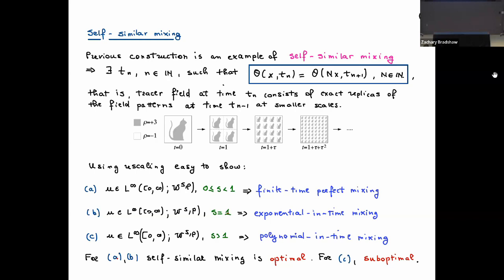Now, if you go to B, where s is 1, okay, so you control the gradient of the velocity in L^p, then you get exponential in time mixing, and you already know that you cannot have finite time mixing because you have uniqueness of the normalized solution. But you do get exponential in time mixing. And for case C, where you control the higher norms, okay, so the moment that s is greater than 1, then the self-similar mixing will give you polynomial in time decay, okay? So finite time, exponential, polynomial.